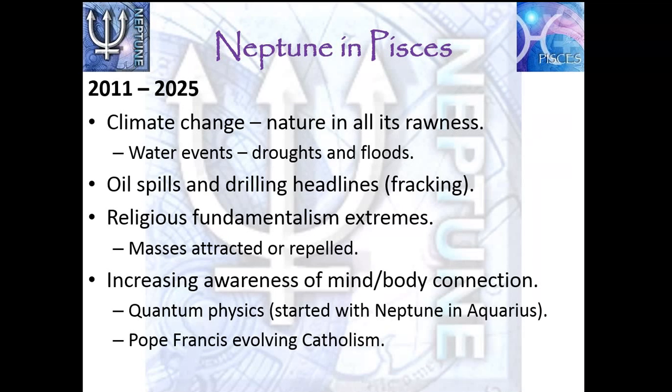Catholicism really doesn't see a denial of evolution. It just believes that the supreme intelligence, source energy, created it all, and the whole seven days could be a parable. So that was interesting. Watch how different belief systems are evolving through this Neptune in Pisces cycle.